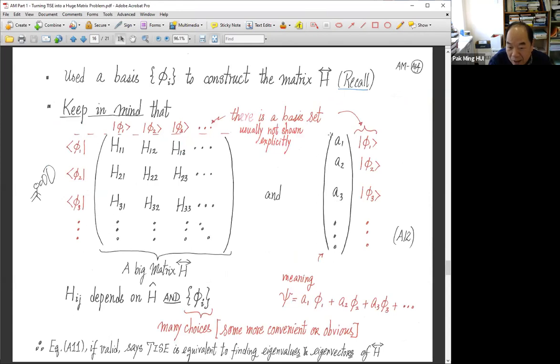It actually means this coefficient is going to multiply into this basis function plus this multiply into that, and will construct back your eigenstate. Okay, so this page is just to remind you. After you are too happy to see our big matrix, fancy stuff, don't forget that we have a basis function to facilitate this transformation from the differential equation, the Schrodinger equation, into a matrix equation.